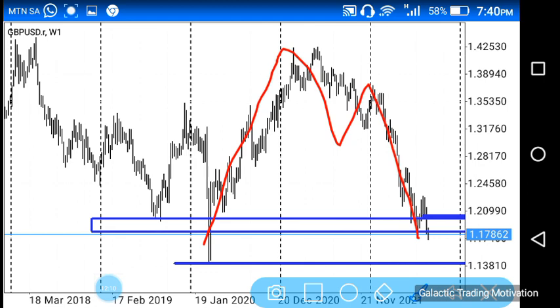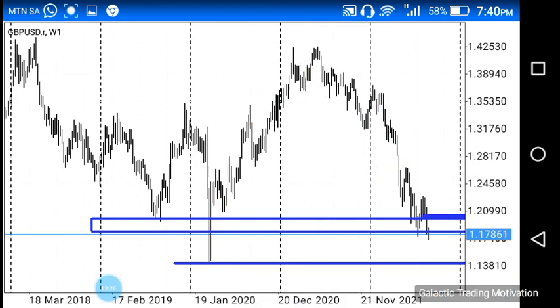And as much as we have this M structure over here, we also have a W structure at this point, more or less, right? So it's a bit risky as far as buying or selling goes at this level over here. And in my humble opinion, I would not trade GBP USD at this point in time.